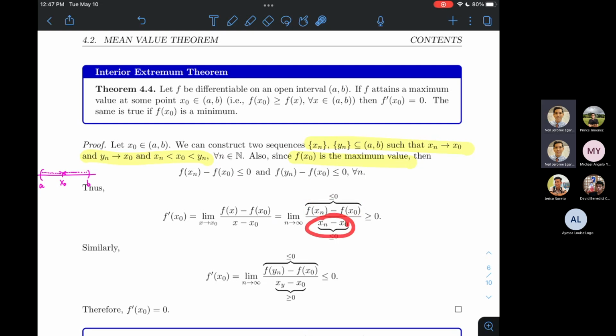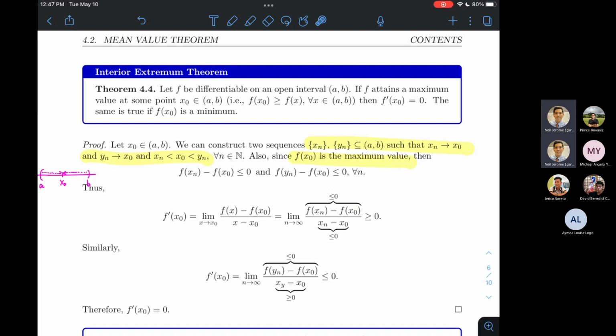Pero yung denominator, ano masasabi natin sa denominator na xn minus x sub 0? Yung mga xn ay nanggagaling mula sa kaliwa ni x sub 0. Okay? So that means this guy is also negative, or actually is also less than or equal to 0. So something less than or equal to 0 divided by something less than or equal to 0, we get a non-negative answer. That would be greater than or equal to 0.